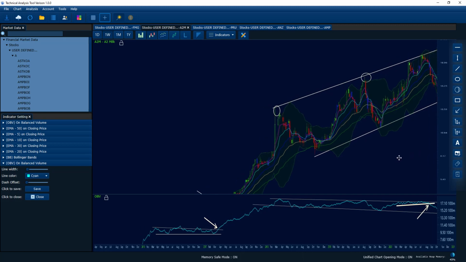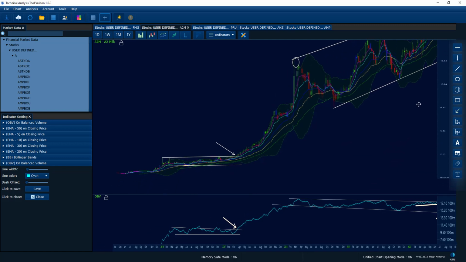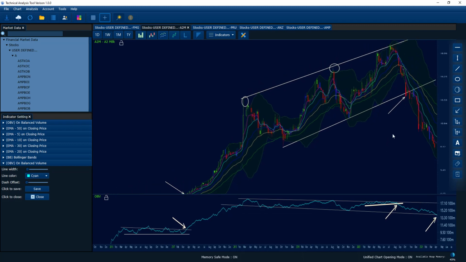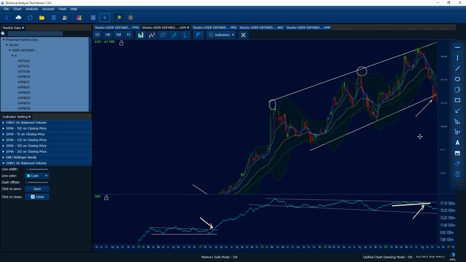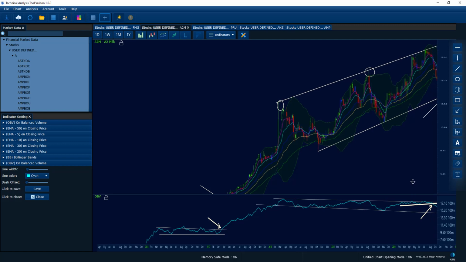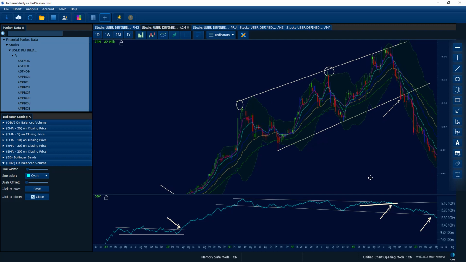But if you sell when the price breaks down the trading pattern, you sell from here. If you bought here and sell here, you still got quite a good profit, all right? Or you can sell here, where the OBV line breaks out of this narrow pattern. Or if you're waiting for another one, that's too late.